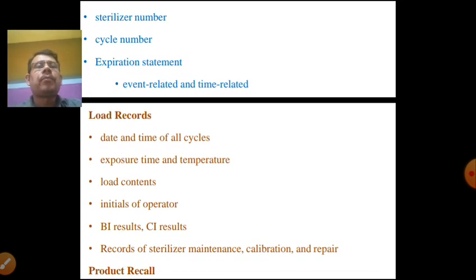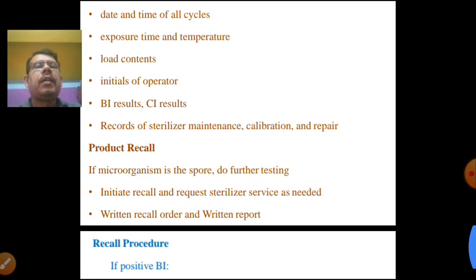Load records: the date, time of all the cycles, measured times, temperature, load contents, initials of the operators who operated the machine, BI results and CI results, records of the sterilizer maintenance and calibration, repair, and product recall. If the microorganism is a spore and there is no further testing, initial the record and request sterilizer service as needed.